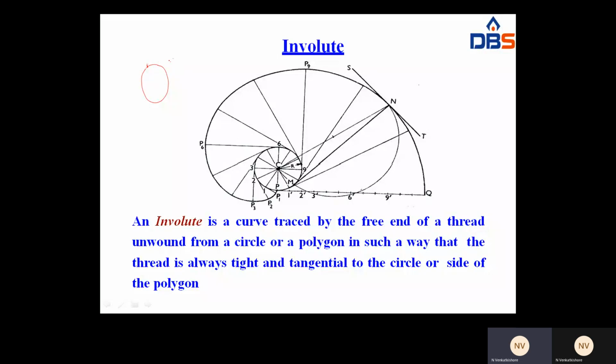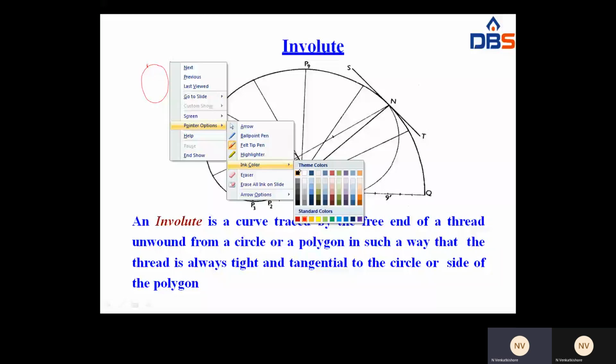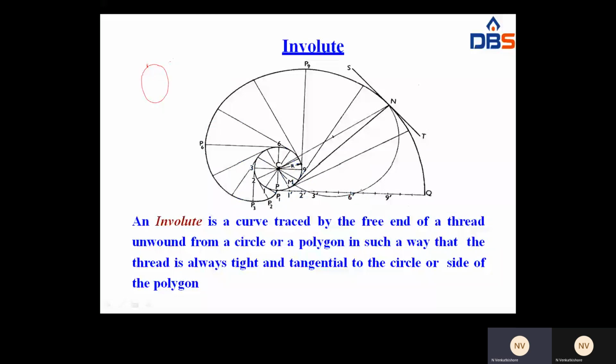Let us consider here the circle is indicated in the red color.